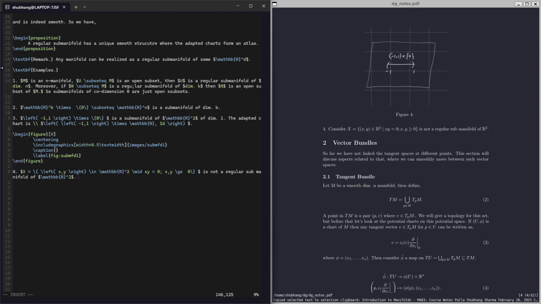Anyways, why is it not? Well, wait, how do you show that this is not a submanifold of R^2?